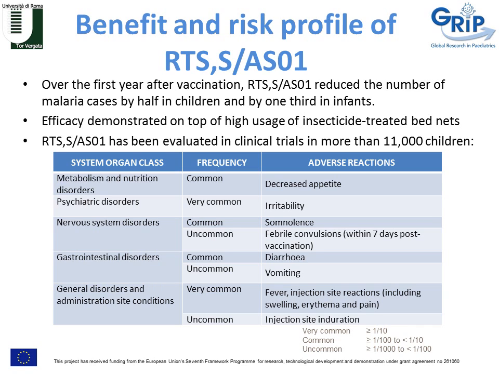Efficacy was demonstrated on top of high usage of insecticide-treated bed nets, and RTS,S/AS01 has been evaluated in clinical trials in more than 11,000 children. In this table we have the adverse reactions included in the product information, and those are similar to other pediatric vaccines.